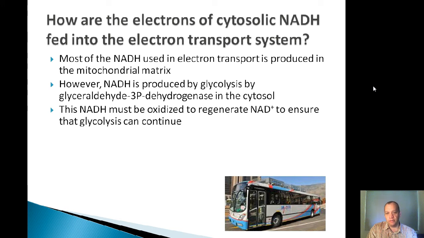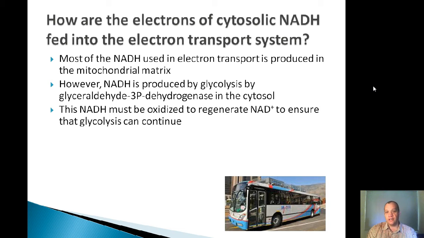However, under aerobic conditions, most aerobic organisms will pass these electrons on to the mitochondria so that they can enter the electron transport chain.